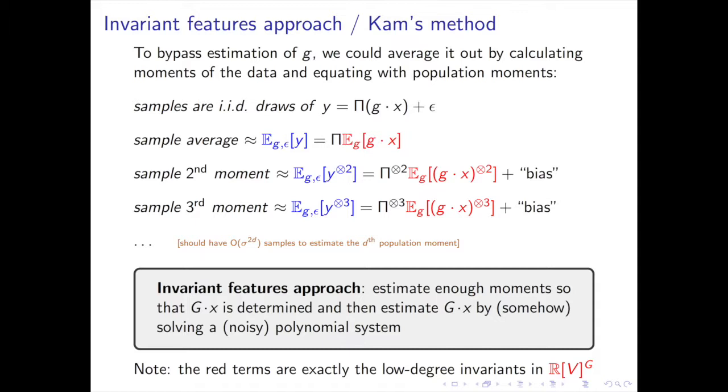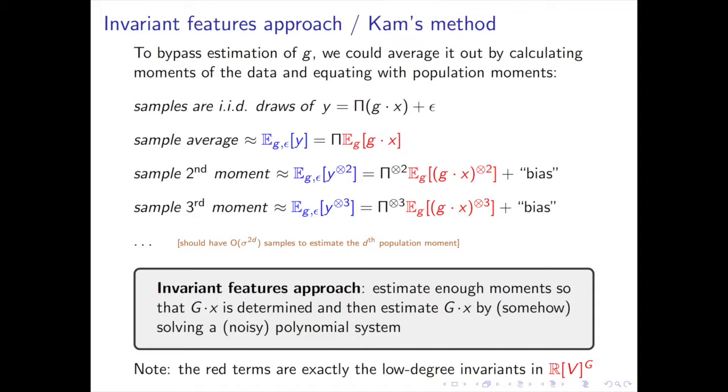Then you want to actually get the orbit by solving a noisy polynomial system. You know the value of the orbit on a bunch of invariants with a little bit of noise, and you've worked out that those invariants are enough to determine the orbit. Now you want to get the orbit back by solving this noisy system. That's a big part of the problem.